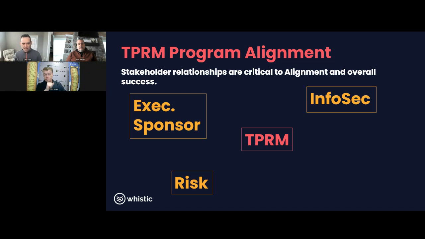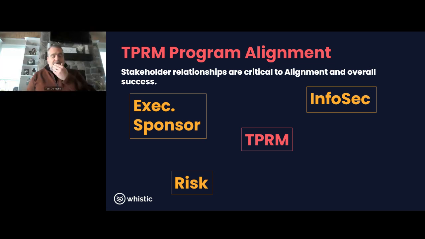I know we're trying to fit a last couple of topics in as we work towards the bottom of the hour here, but yes, you mentioned this, and we talked about this a little bit earlier. Third-party risk encompasses so much more than just security risks. Depending on the charter for your program, you may be tasked to look at things outside of information security, such as geolocational risk.